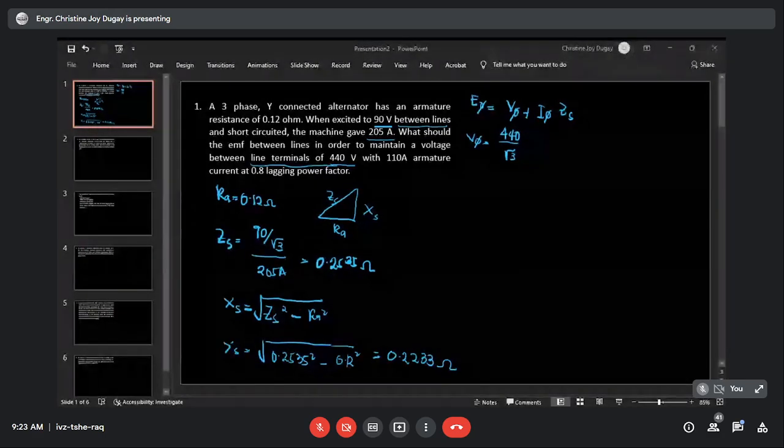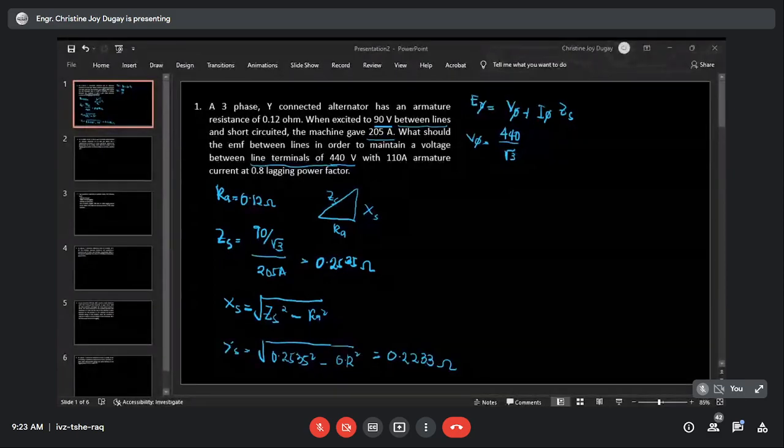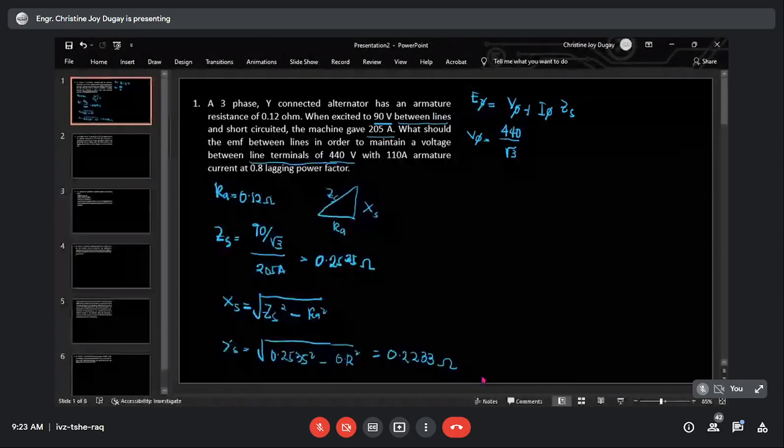So if you are going to understand that problem, ibig sabihin ang output po natin na line to line is 440. Yun yung ibig niyang sabihin, no? So we have to maintain that. So ano yung generated natin? Yun yung tinatanong po dyan. Generated line to line voltage.